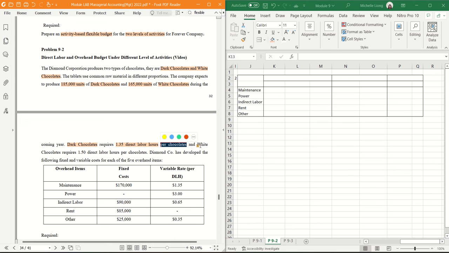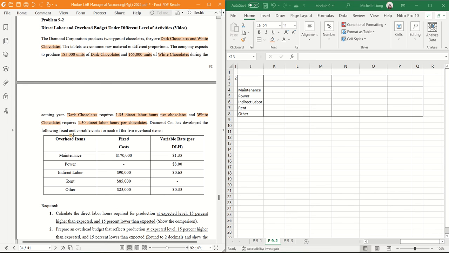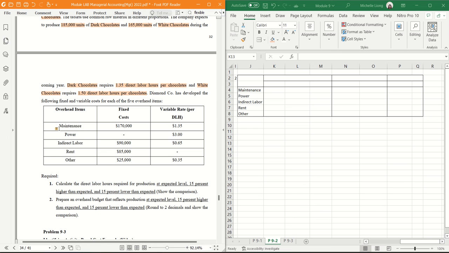Meanwhile, white chocolate requires 1.5 direct labor hours per chocolate. Diamond Co. has developed the following fixed and variable costs for each of five overhead items, which is this. This is the fixed cost, and we get the variable rate for direct labor hours.